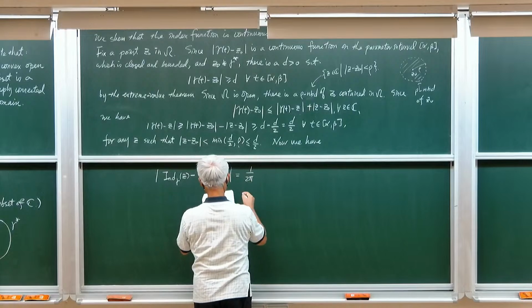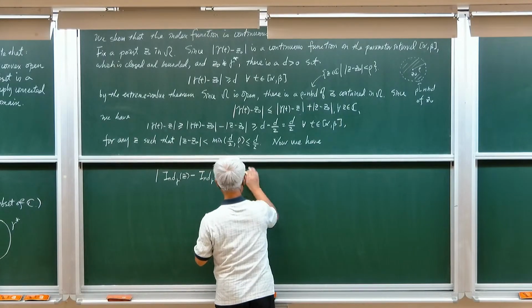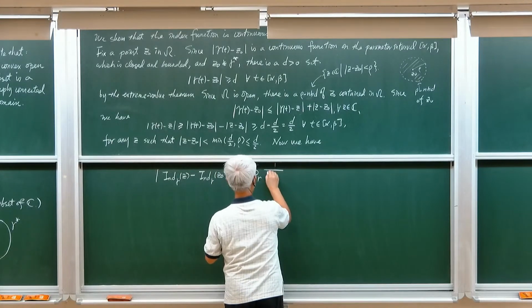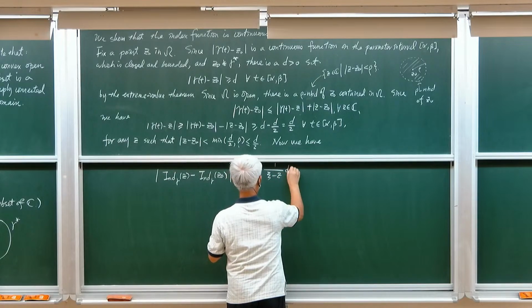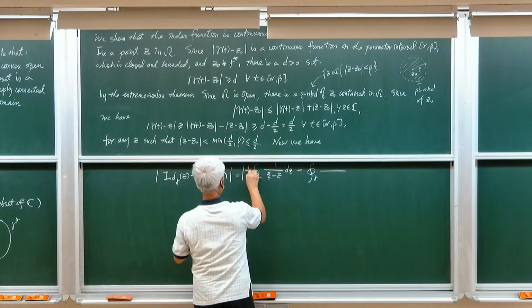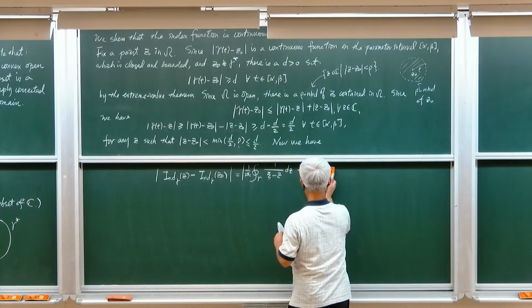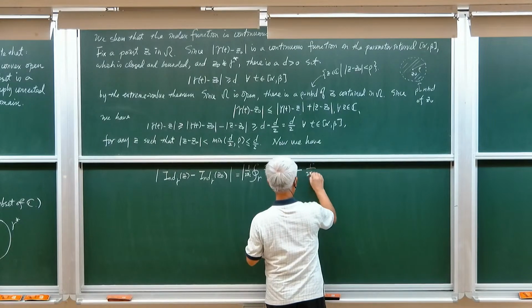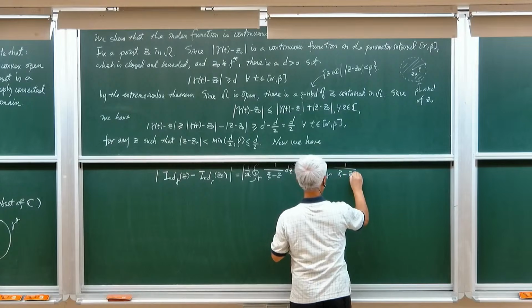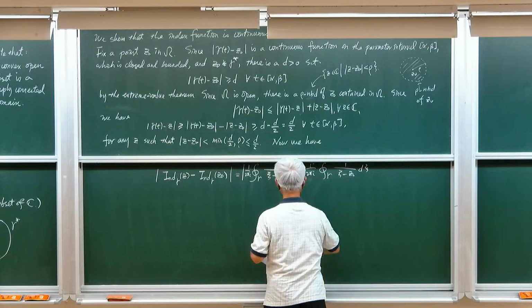By the definition, this is the integral over gamma of 1 over 2 pi i times 1 over (psi minus z) d psi, minus the integral over gamma of 1 over 2 pi i times 1 over (psi minus z0) d psi.